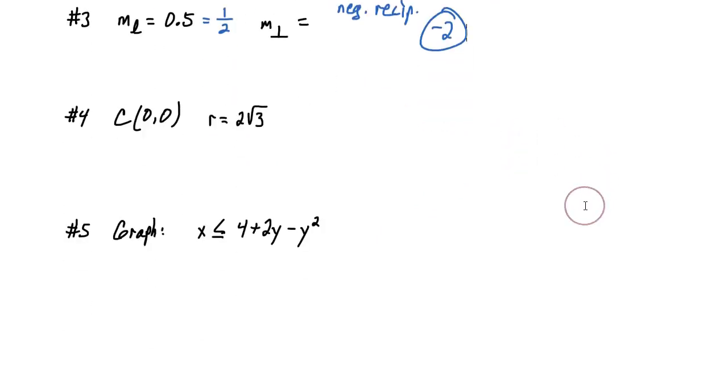Question 4, write the equation of a circle with this center and this radius. So the general form is x minus h squared plus y minus k squared equals r squared. This is h, this is k. So we have x minus 0, but that's just x squared.